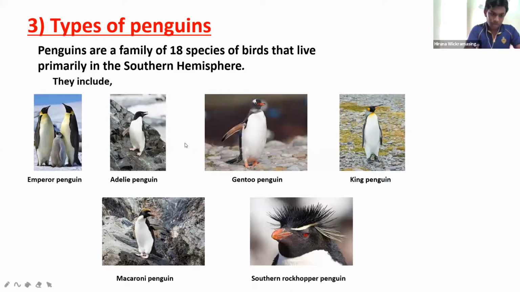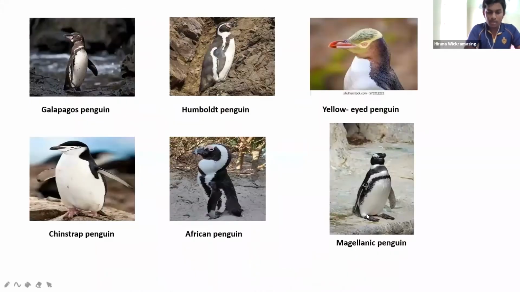Well, now I'm going to present the types of penguins. There are 18 species of penguins in the world, Mali. These are the species: Gentoo penguin, Adelie, Emperor, King, Macaroni, Southern Rockhopper, Chinstrap, Magellanic, Humboldt, African penguin, Galapagos penguin, yellow-eyed penguin, royal penguin, Snares penguin, little penguin, crested penguin, white-flippered penguin, and fiordland penguin.